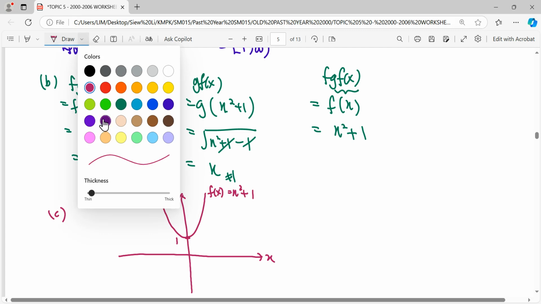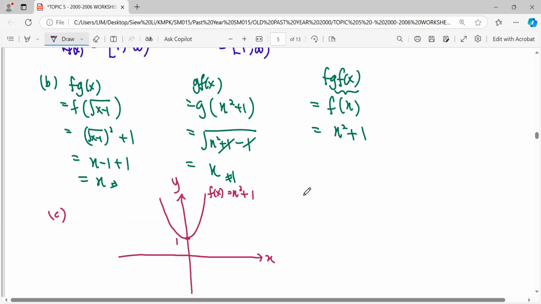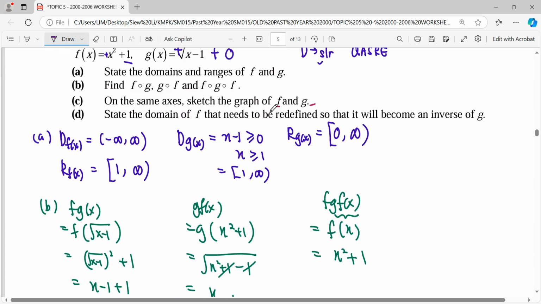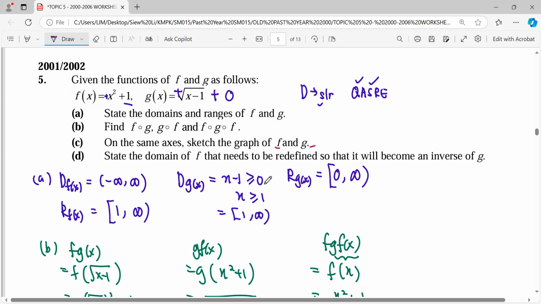And then we continue. For the surd function, we have 4 directions: going right up or right down, and left up or left down. We can read it from the domain and range. Domain 1 to infinity means it is going to the right from 1. Then 0 to infinity for range means it's going up and right.